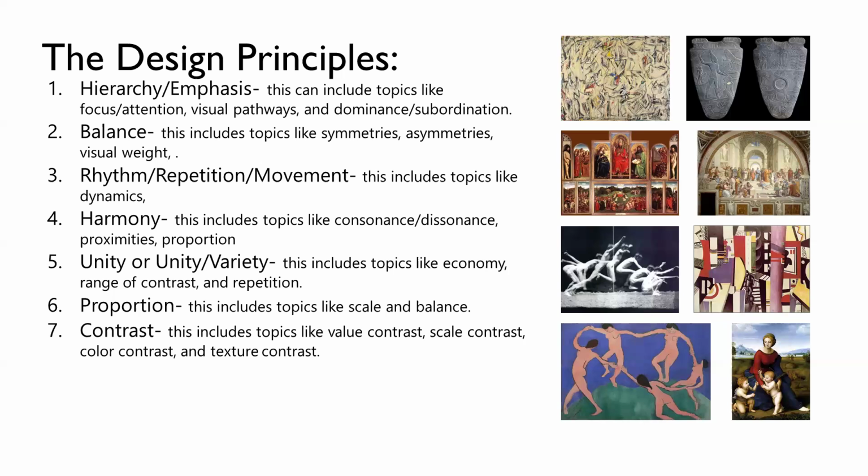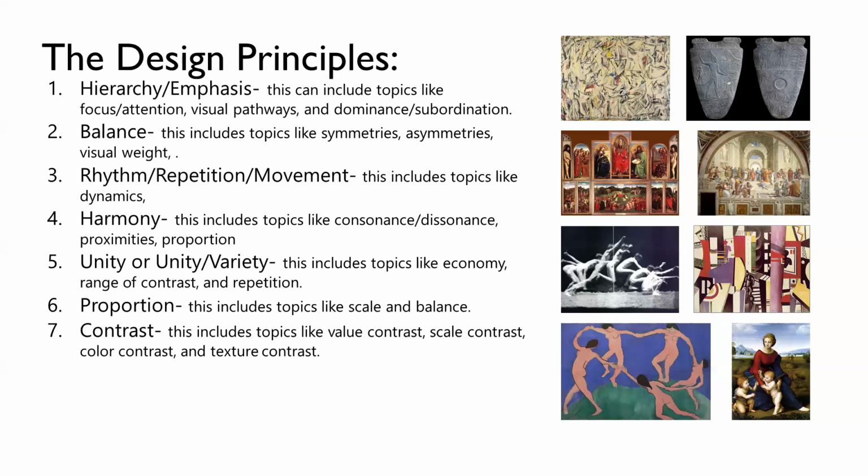But anyway, the design principles that are generally agreed upon as the 7 would be hierarchy and emphasis, balance, rhythm, repetition, and movement. Although, once again, sometimes it's just rhythm, sometimes it's rhythm and repetition, sometimes it's rhythm and movement. Repetition is left out. Everyone has their slightly different ways of doing this.